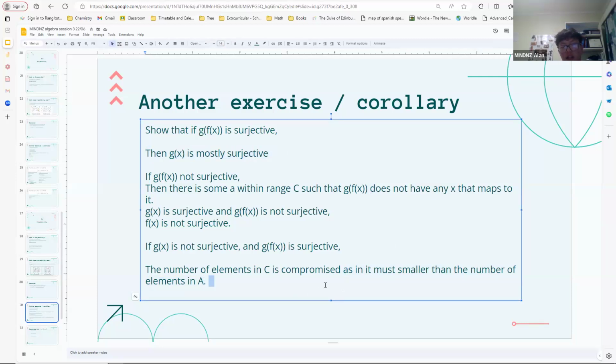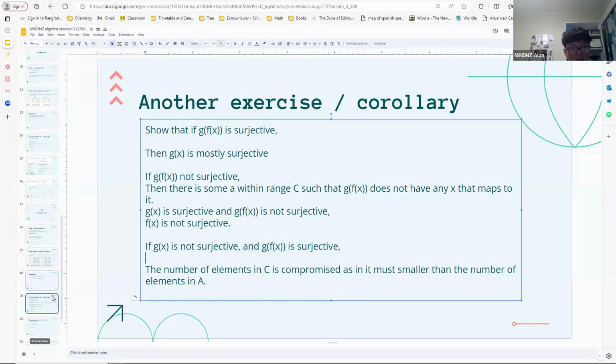And if there is a crack, then cars can't drive past that part of the road, right? But then since it's not surjective, there must be at least one crack in the road, so the cars can't drive past that part of the road, which tells us that that part is compromised for those elements that map to the same thing.